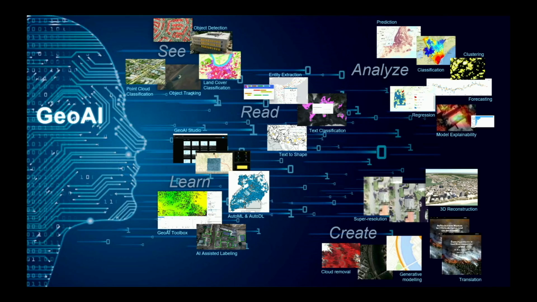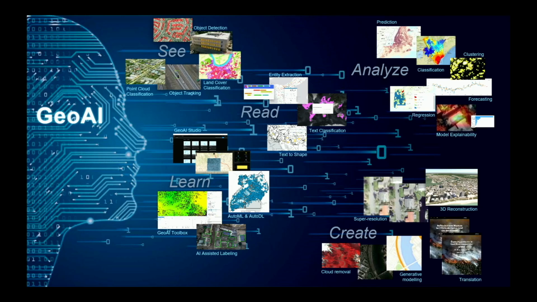Likewise, you can do things like entity extraction, text classification, perform tasks like text to shape, and you can learn and adapt from existing data sets using techniques like AutoDL. You can refine AI models. You can perform analysis like clustering, classification, prediction, regression, so on and so forth, several machine learning tools which you've seen within our system already.